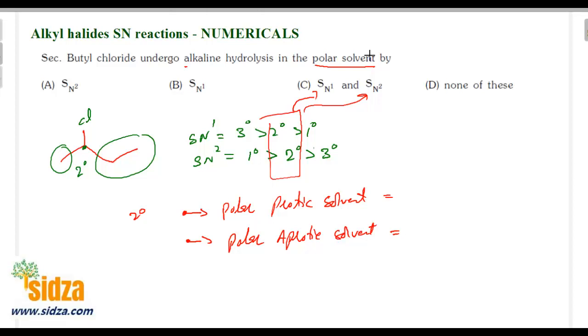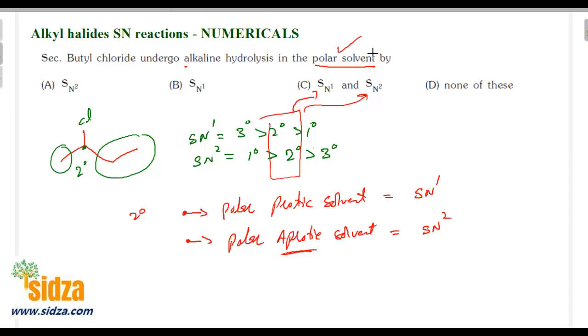But if it elaborates here, in a polar protic solvent, then what will be the dominant one? In a polar protic solvent, it is the SN1 which is the dominant product. And in a polar aprotic solvent, if it asks us polar aprotic, then it will be the SN2. So you have to be a little careful here, right? Here it simply says the polar solvent, that means it will be both SN1 and SN2 substitution, correct?